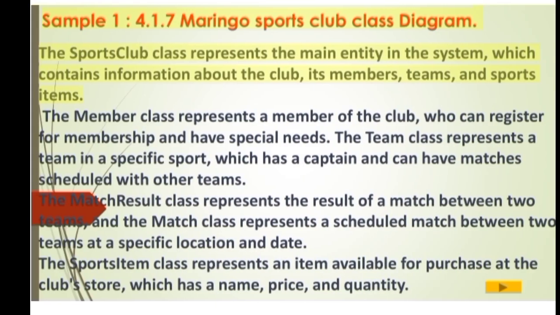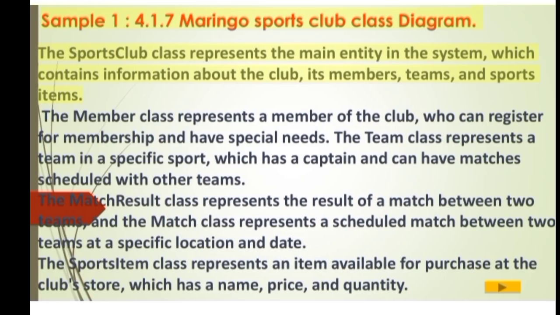4.1.7 Maringo Sports Club Class Diagram. The sports club class represents the main entity in the system, which contains information about the club, its members, teams, and sports items. The member class represents a member of the club, who can register for membership and have special needs.